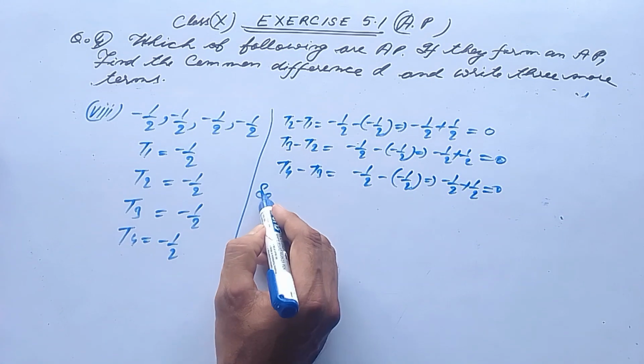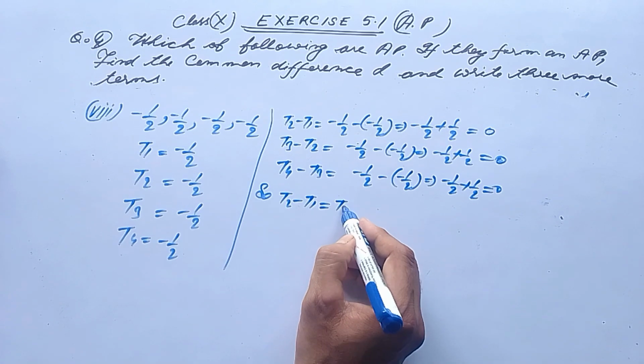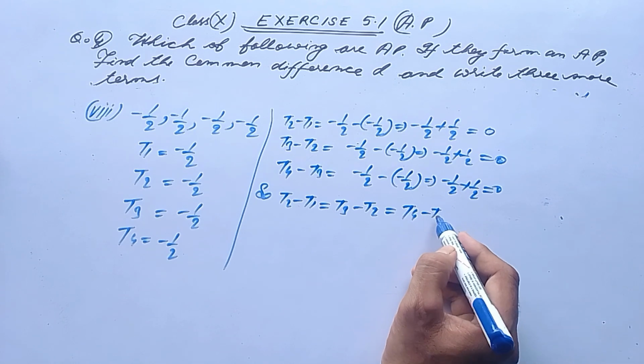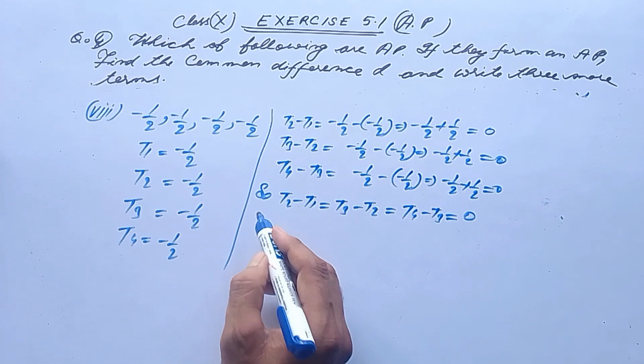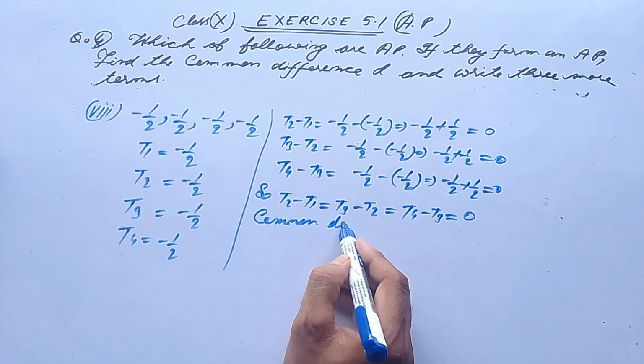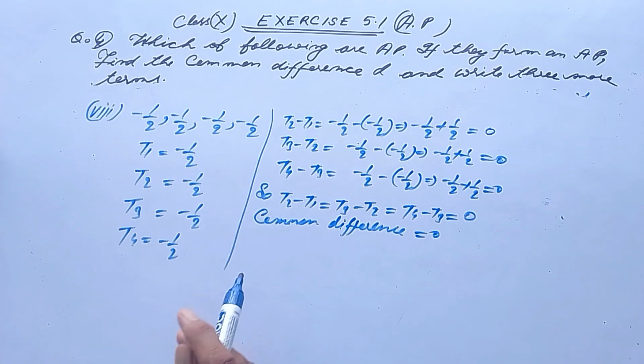So T2 minus T1 equal to T3 minus T2 equal to T4 minus T3 equivalent to 0. So common difference is 0. Now we find the T5, T6 and T7.